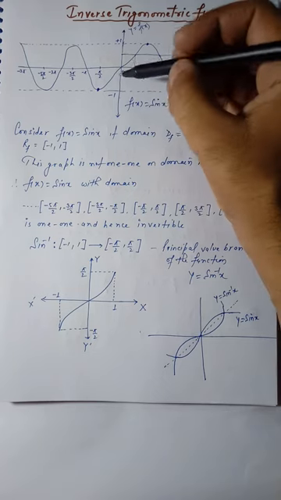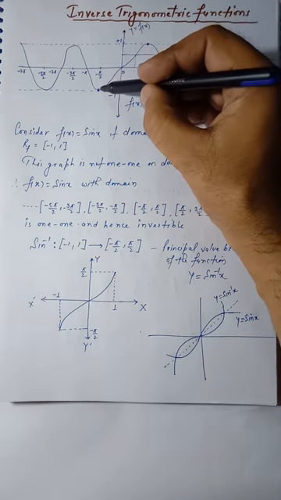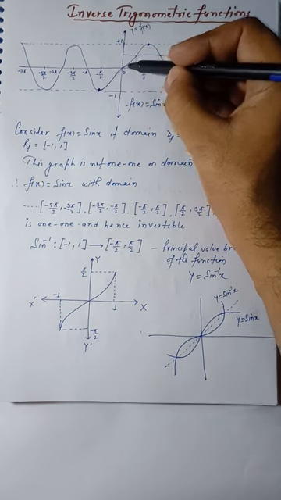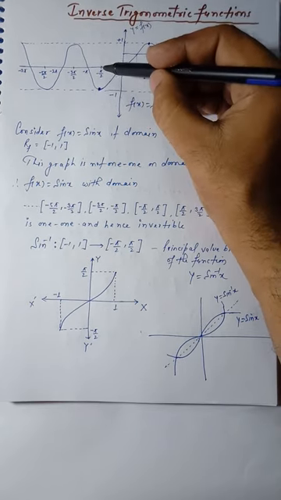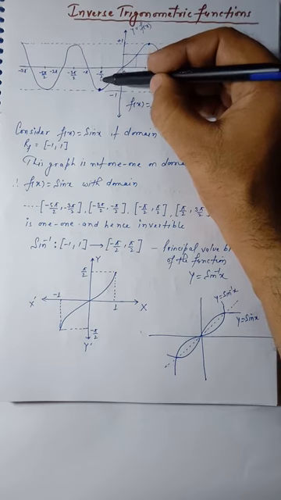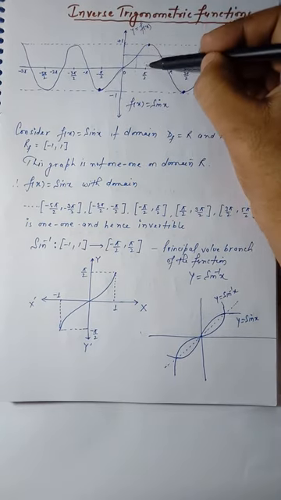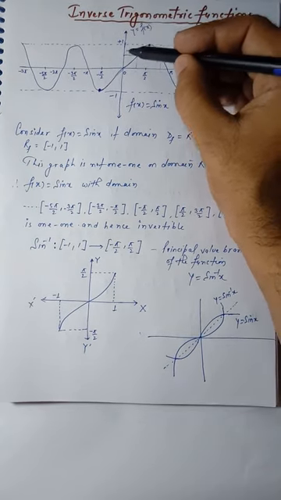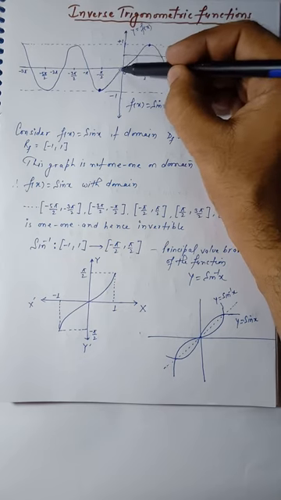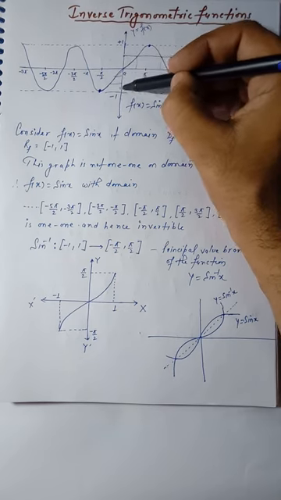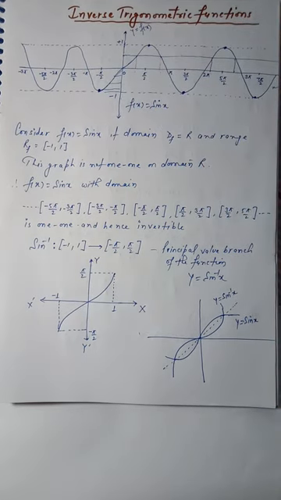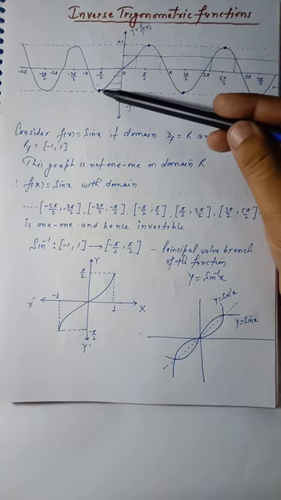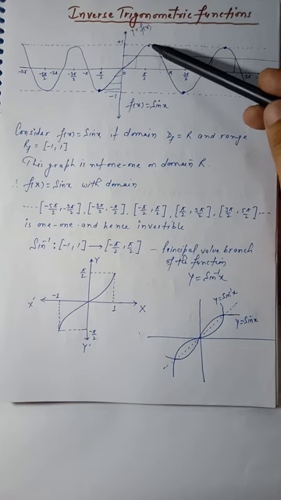So now see, if I take this portion of the graph, from here to here, meaning when x is minus pi by 2 to plus pi by 2, we get a single curve, and when we draw a horizontal line, it cuts at only a single point. So when we restrict the domain of this function, like minus pi by 2 to plus pi by 2, this is one portion.